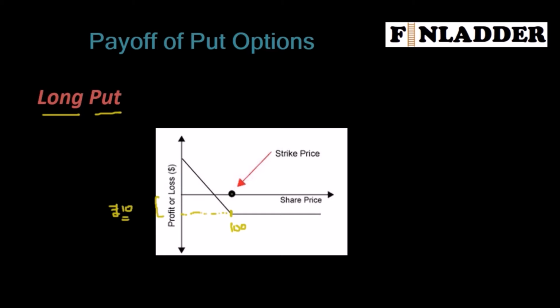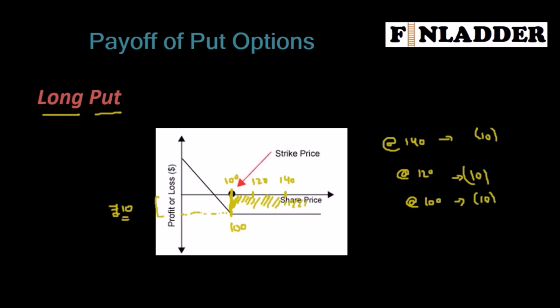The price over here is 100, here let's suppose is 120, and here we have 140. If the prices end at 140, we will face a loss of 10 rupees. Similarly at 120 also we will face a loss of 10 rupees. At 100 as well, and till here, we will face a loss of 10 rupees. This whole area will be a loss area of 10 rupees.